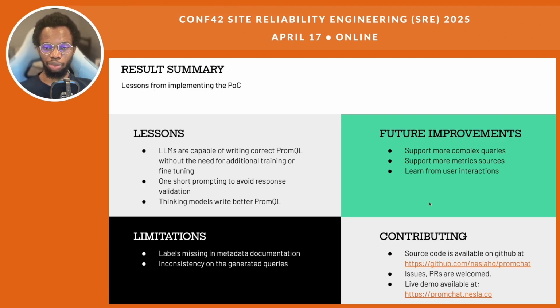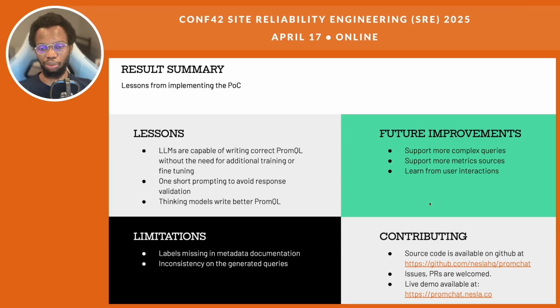That would lead to crashes or issues because Prometheus cannot interpret the query. But after using one-shot prompting, where we show the LLM exactly the format of the response, it started returning just the PromQL required without any additional characters or tokens around it. That way we avoid having to manually extract the PromQL out of the LLM response.